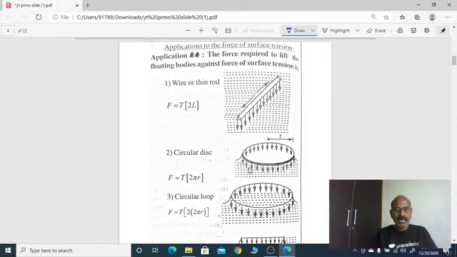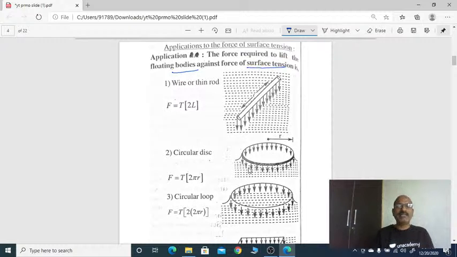The sewing needle can float on the surface, or one wire, right? Now if you want to lift it, what is the force required to lift the floating body against the surface tension? See here, a wire, or a thin rod of length L, is floating on the surface of water.